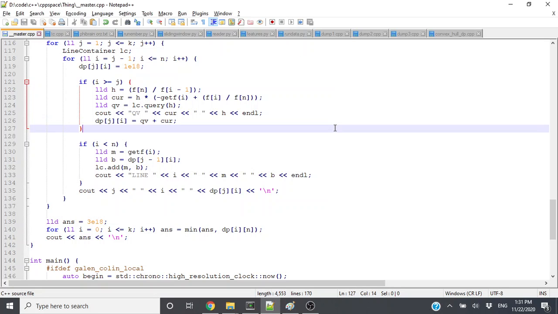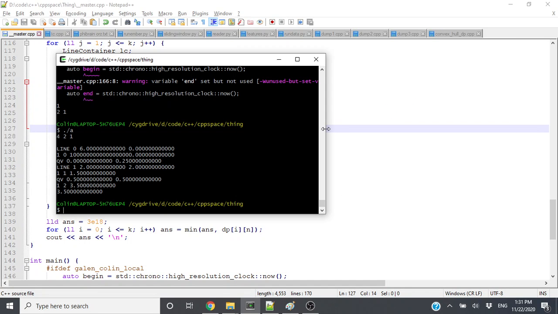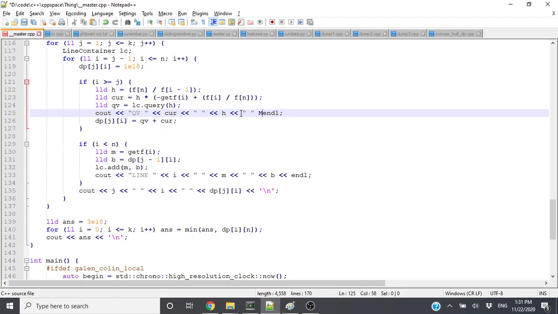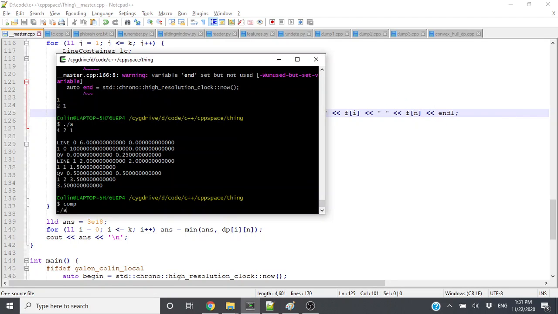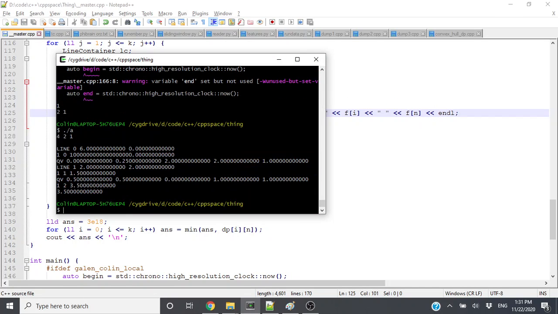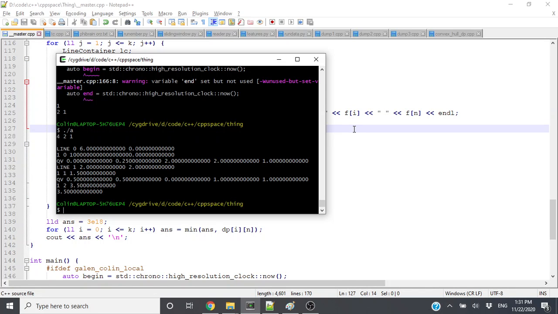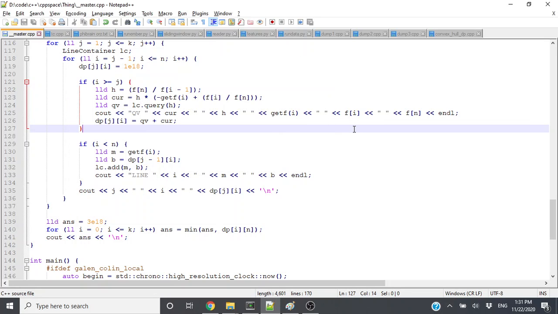So QV is, H is 0.25, which is expected. So 0.25. Get f of I is 2. Okay, that's actually expected, right? But then the line is messed up somehow.